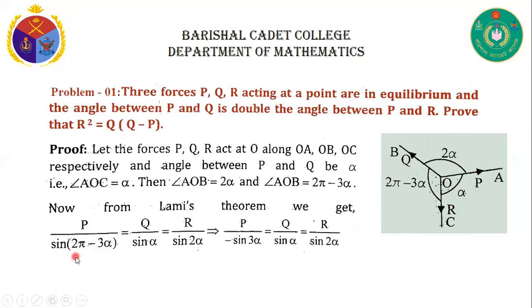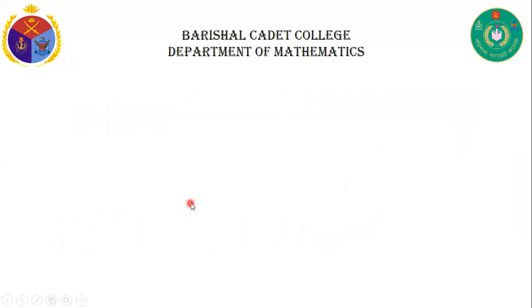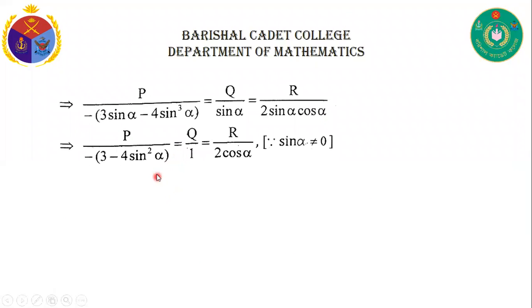We know that sine 2 pi minus 3 alpha equal to minus sine 3 alpha. Now for simplifying, we know the sine 3 alpha formula. So P by minus (3 sine alpha minus 4 sine cubed alpha) equal to Q by sine alpha, and here R by sine 2 alpha, we use the formula of sine 2 alpha, that is 2 sine alpha cos alpha.